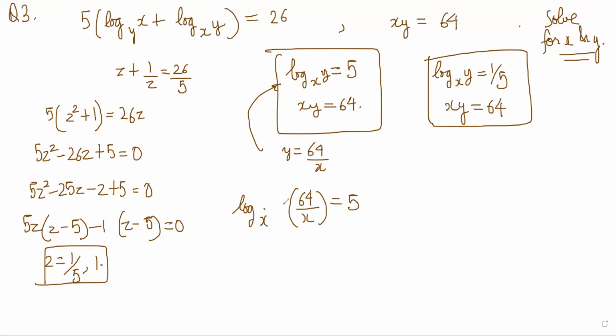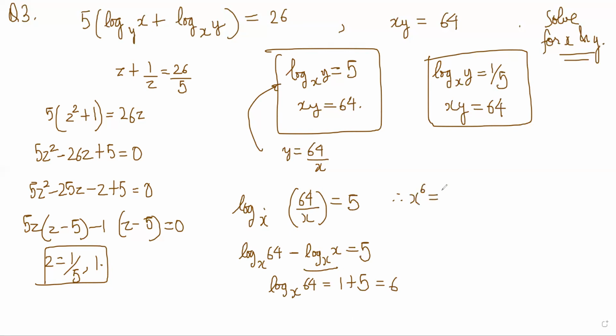So this can be written as log x 64 minus log x is equal to 5. So log x 64 is equal to 1 plus 5. This is 1. So 6, right? Therefore, x power 6 is 64, and the solution of that is simple: x is equal to 2.